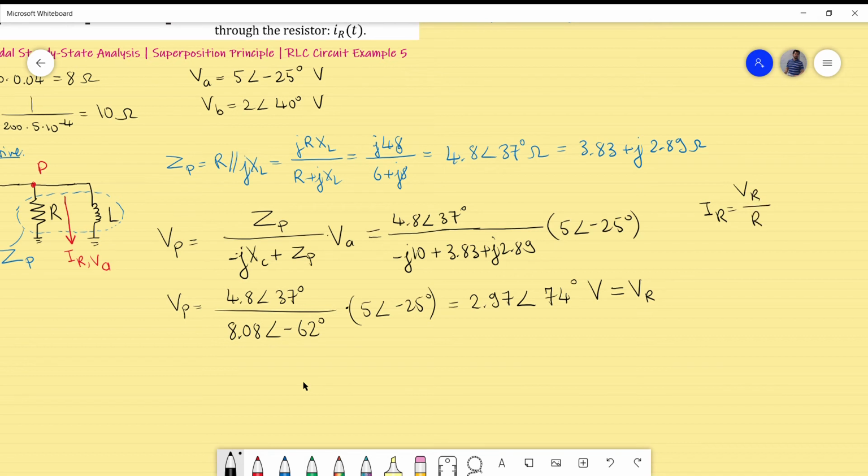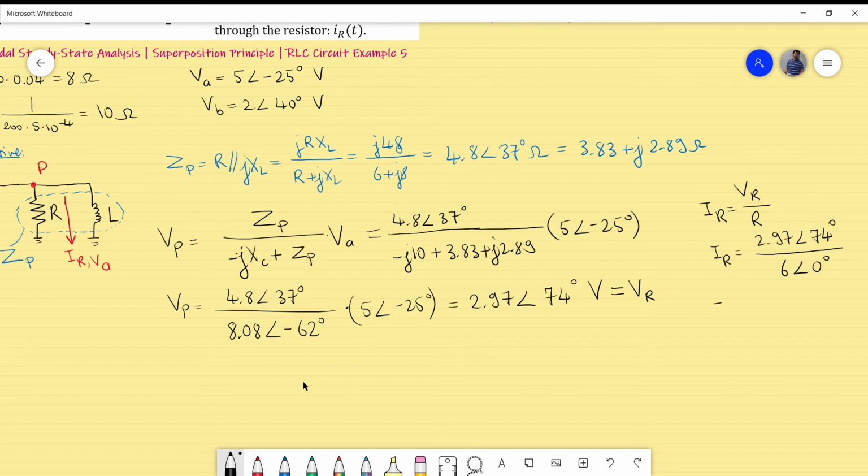So IR is 2.97 phase 74 degrees divided by the resistor, which was 6 ohms with a phase orientation of 0 degrees.